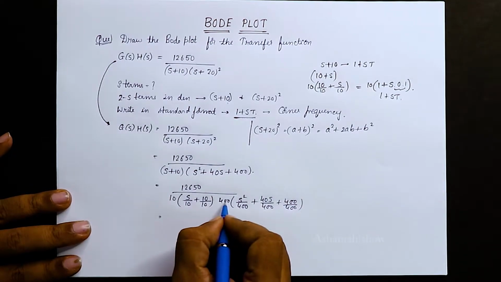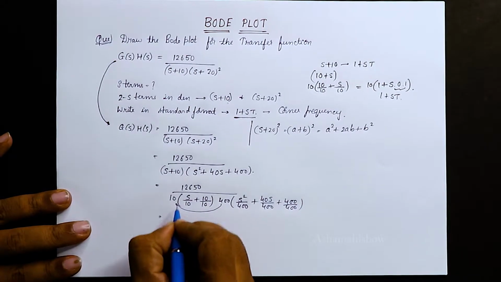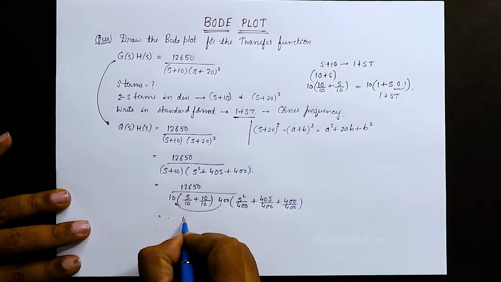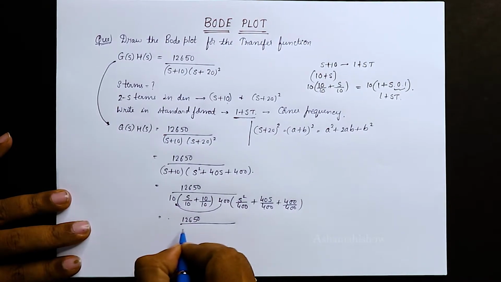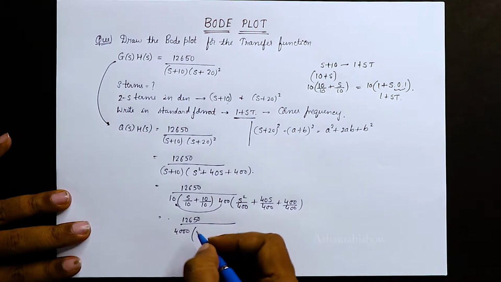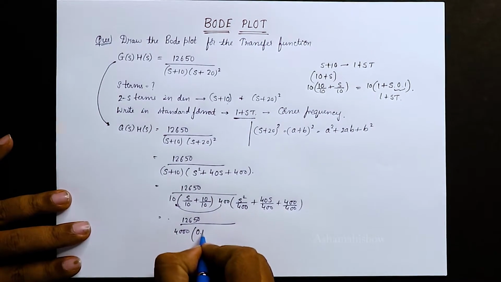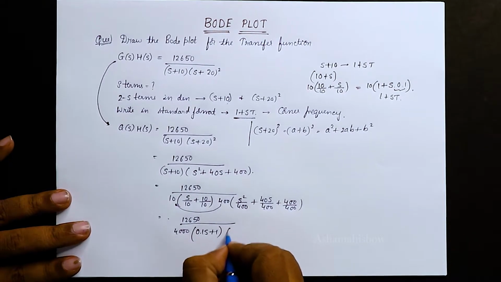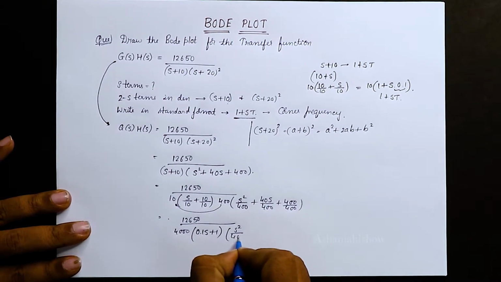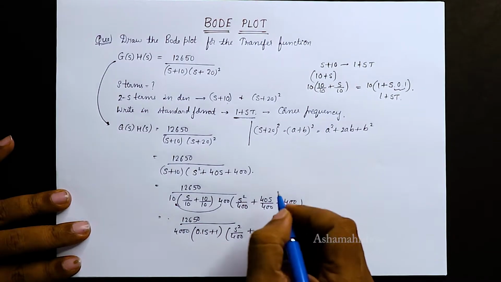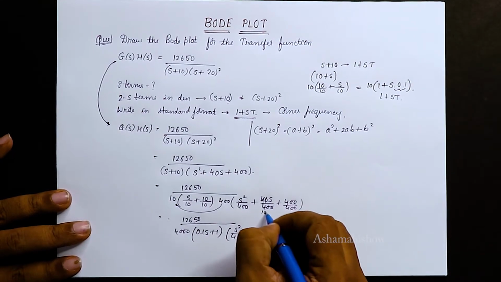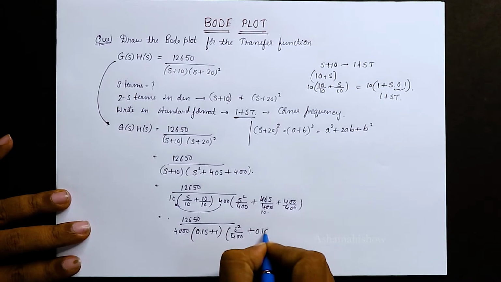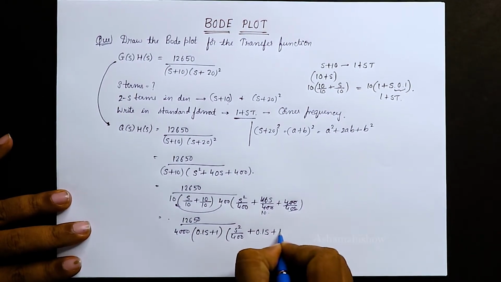So this becomes 400 into 10, which is 4000. I'll keep the numerator as it is and write 4000 here. And now how did this happen? 0.1 s plus 1, and this is s square by 400 plus 0.1 s plus 1, because the zeros cancel.